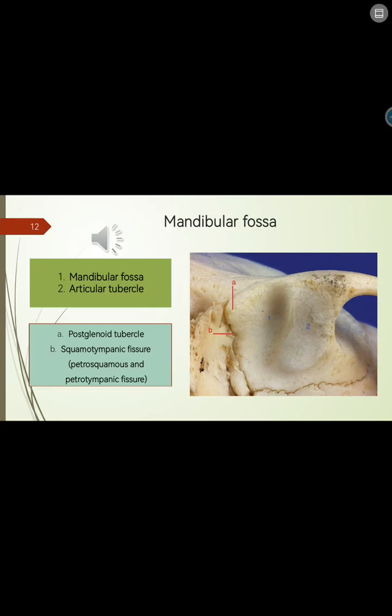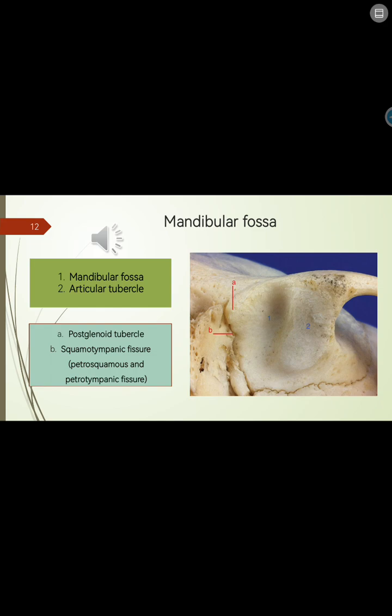In this picture, we see the inferior view of the mandibular fossa. We have numbers 1 and 2 and A and B. Number 1 is mandibular fossa and number 2 is articular tubercle. Element A is postglenoid tubercle and B is a squamotympanic fissure.